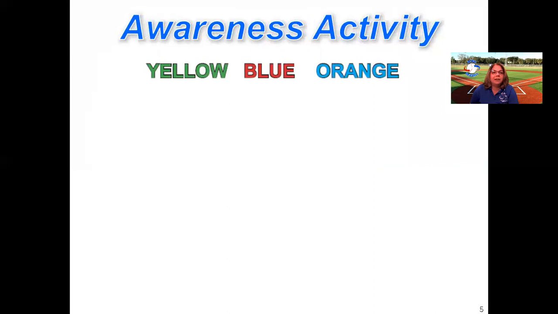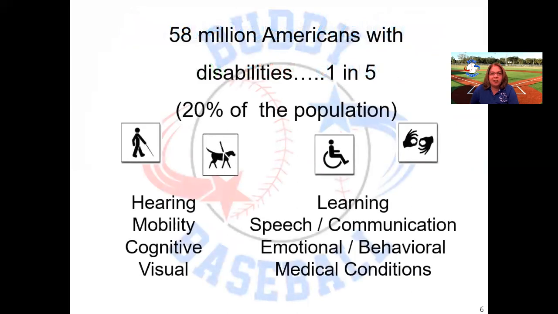So that is green, red, and blue. And you could see, even with me, it took a little bit for me to concentrate and to do that. And so that really simulates how a person with disabilities processes things just a little bit slower than you or I do.